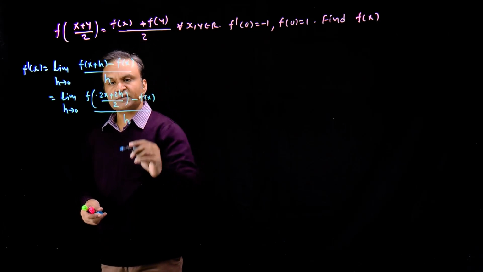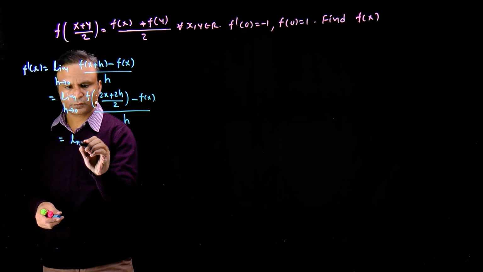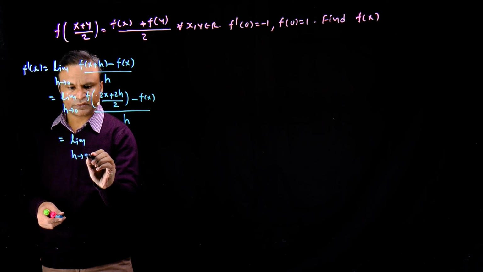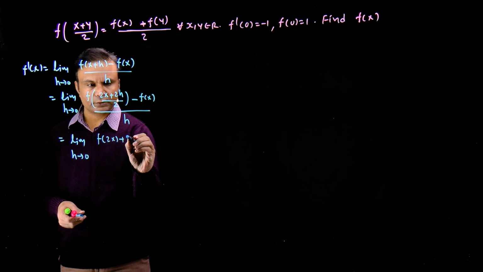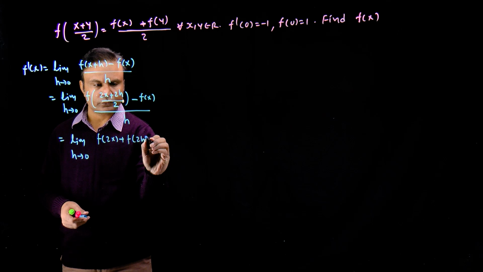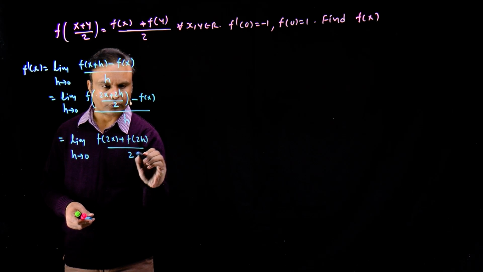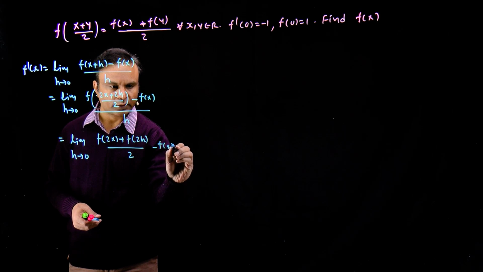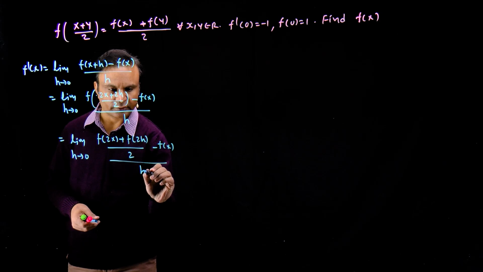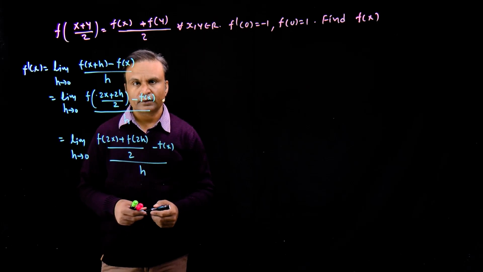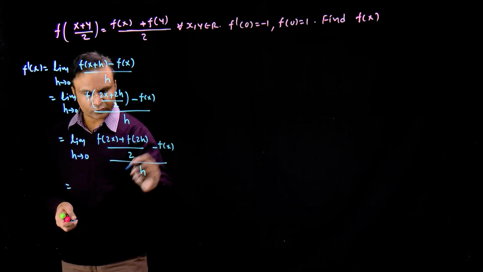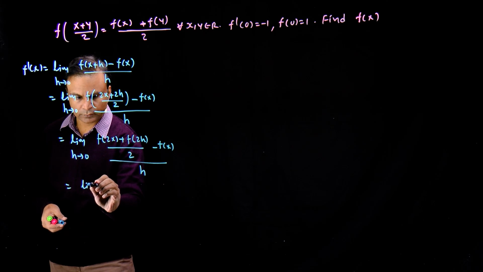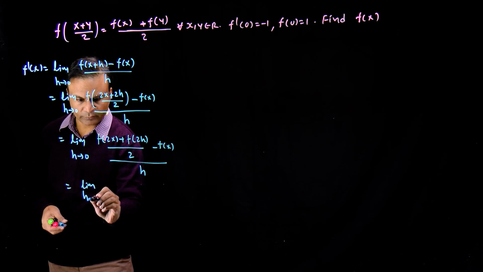Okay, now I can use this relation. Using this I get [f(2x) + f(2h)]/2 − f(x), upon h. Okay, let's simplify this. In fact, take 2 in the denominator.